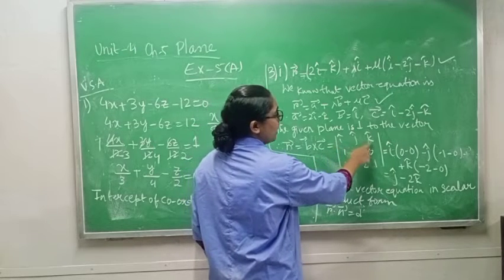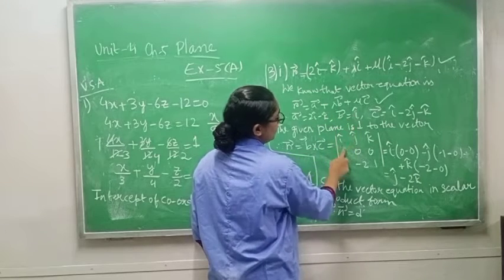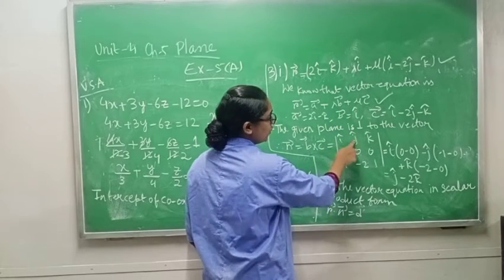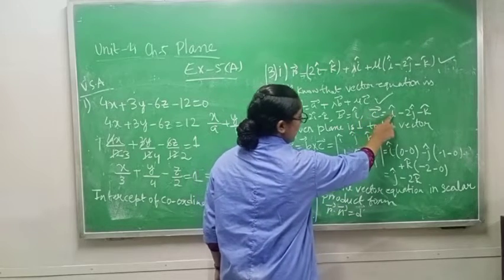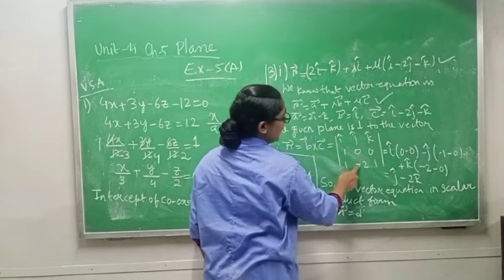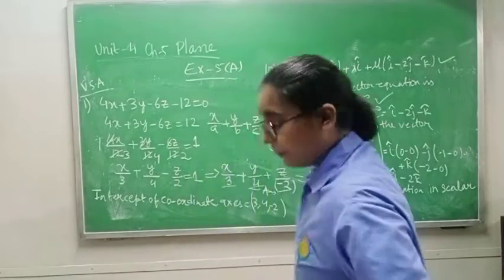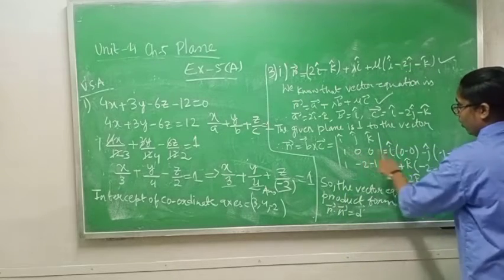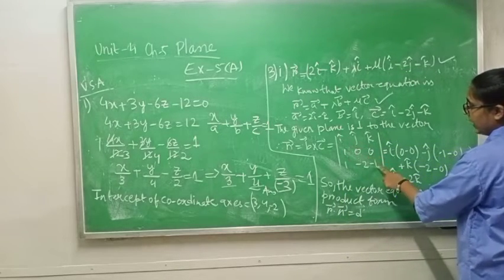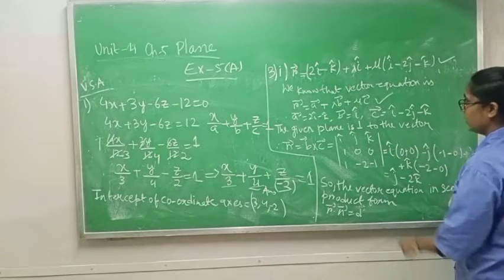Now write i cap, j cap, k cap. Now b vector is only i cap, so in place of i cap you write 1, and j and k remain 0, 0. In place of c vector you write 1, minus 2, minus 1. Now for i cap: 0 into minus 1 is 0, minus 2 into 0 is 0, so you get 0.